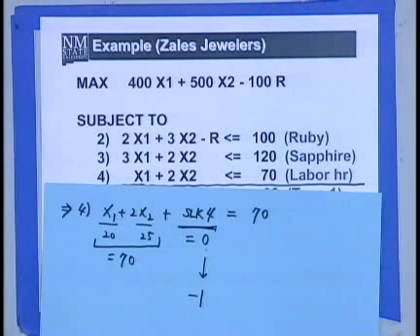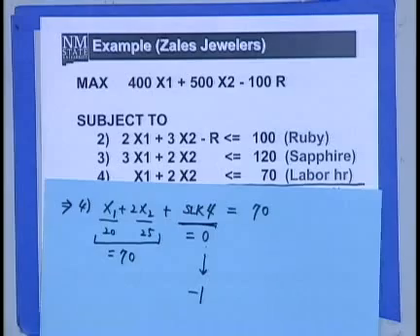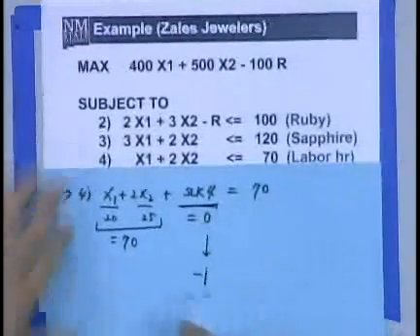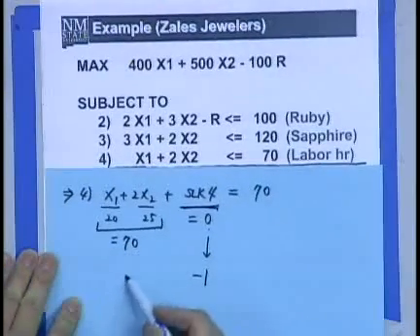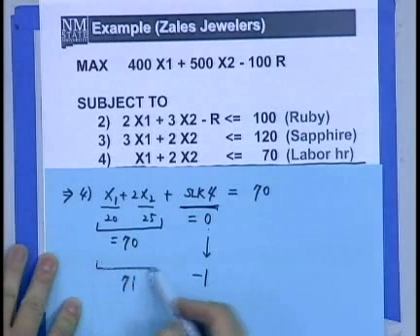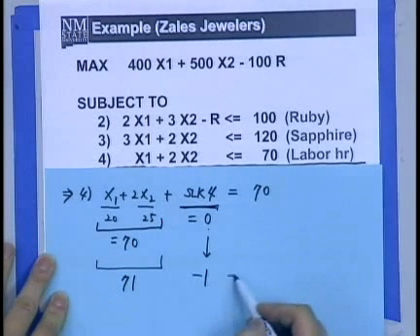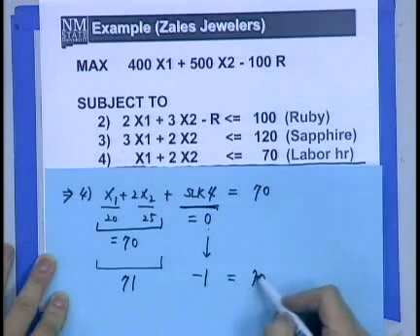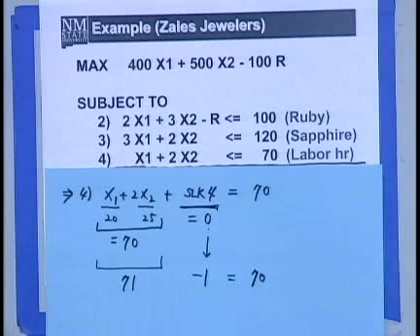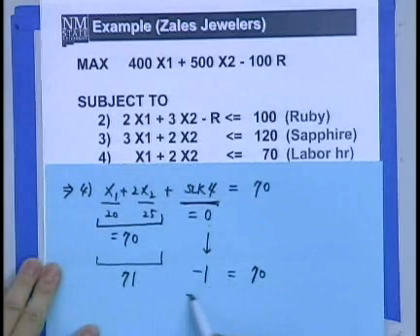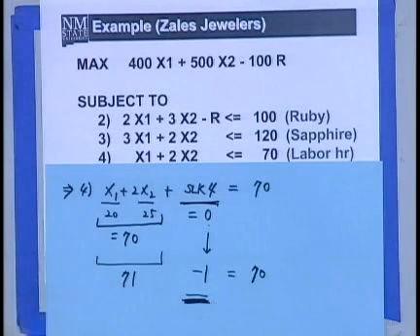Negative 1 hour, right? Then again, the revised solution becomes 71, this part, right? So the answer is decrease. Is that right?